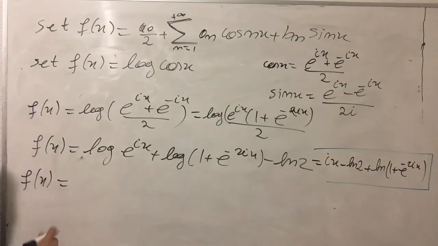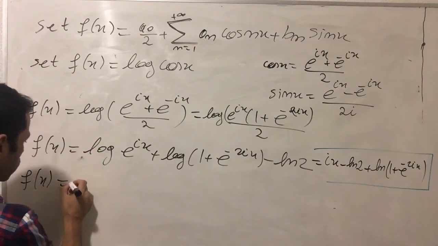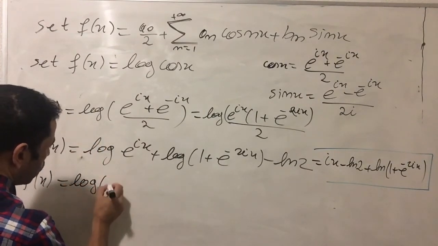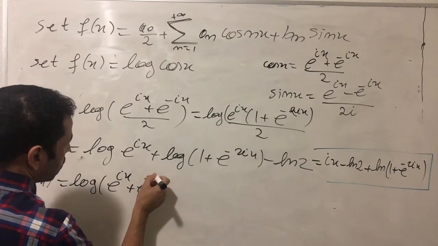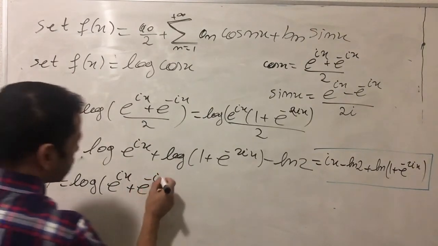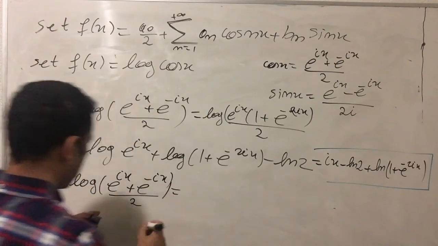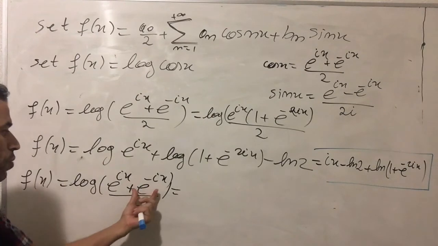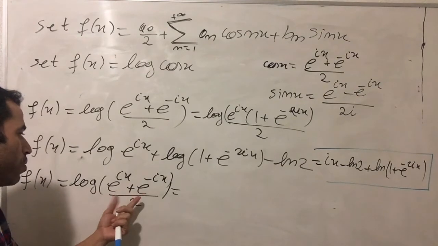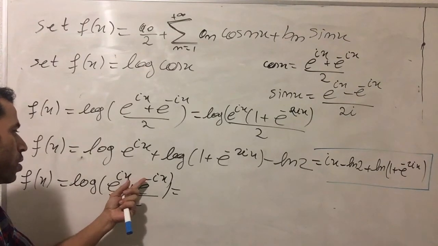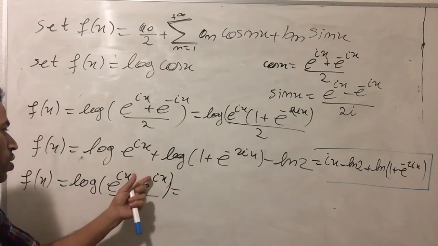On the other hand, we have f of x equal to natural log of e to the ix plus e to the minus ix over 2. I'm doing the same thing, but this time I'm going to put e to the minus ix as a multiplier instead of e to the ix.